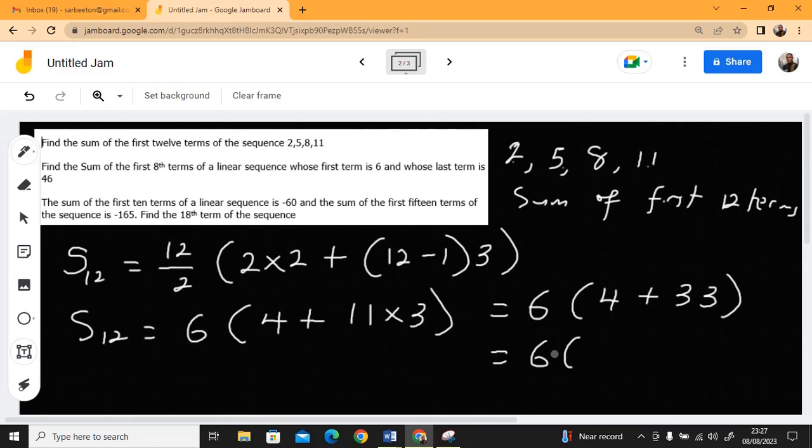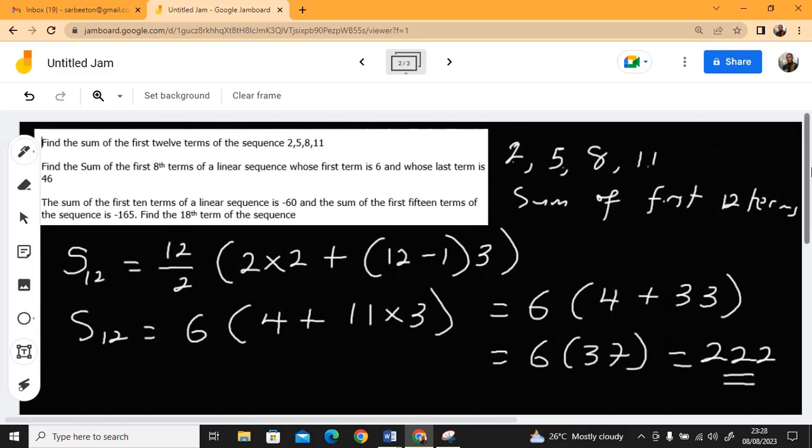So we have 37 here. When you multiply 6 times 37, that should give us 222. So your answer here is 222. That is the sum of the first 12 terms.